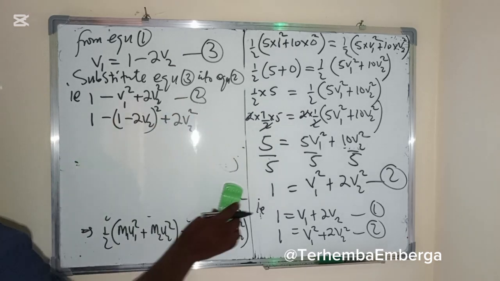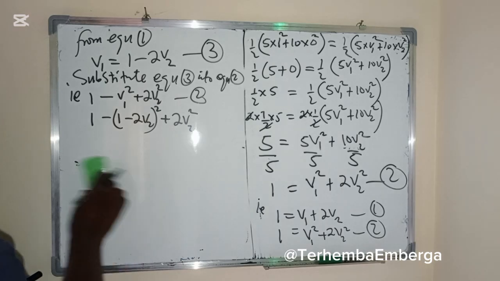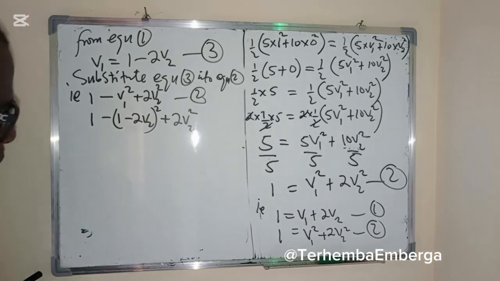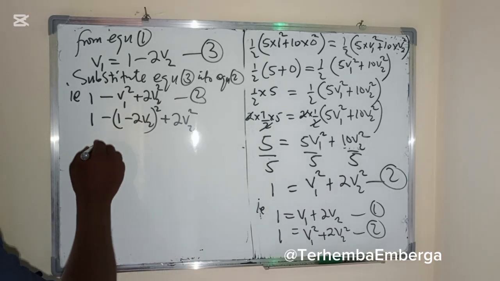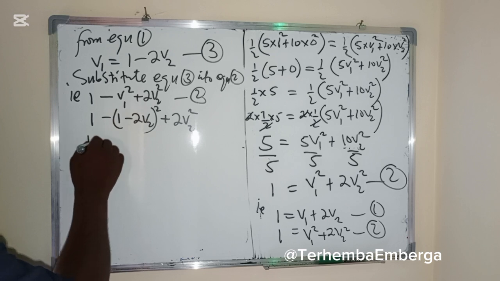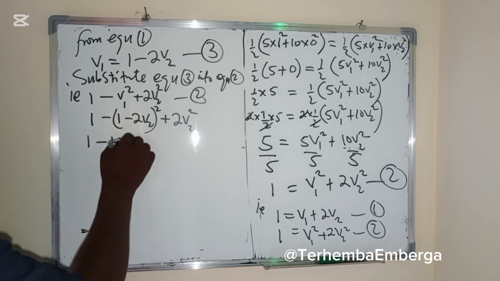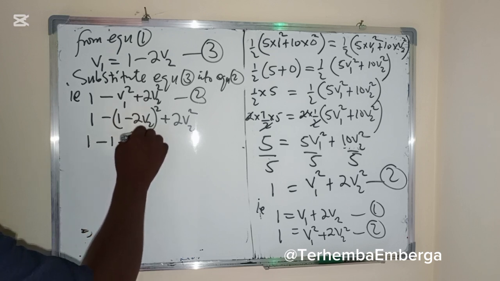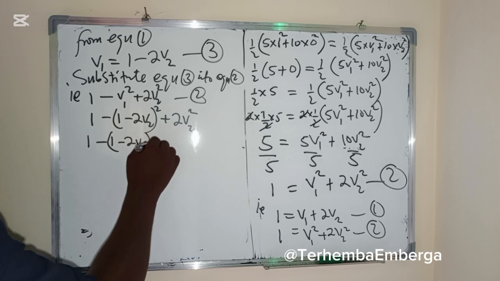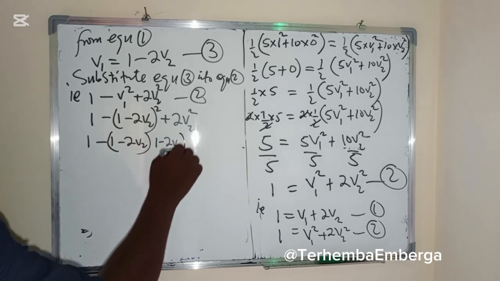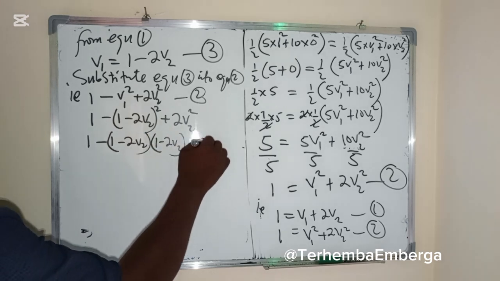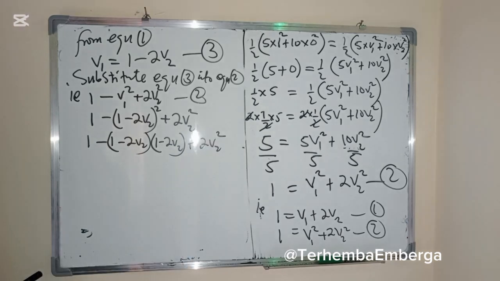So by the time we expand this, we now have (1 minus 2v2)(1 minus 2v2) plus 2v2 squared.